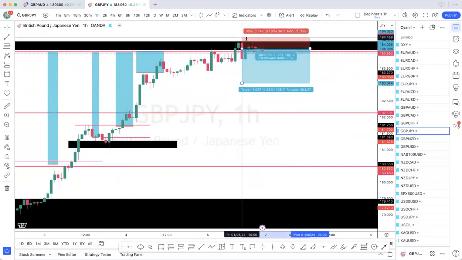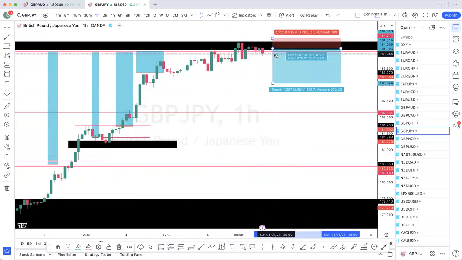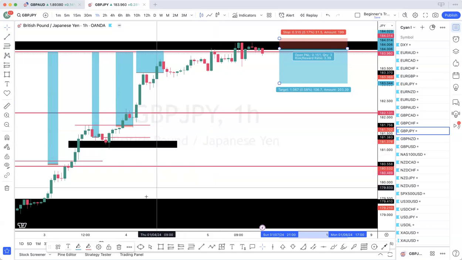Do you definitely need for it to break the low? I thought it did break the low. Well, per the wick, it broke the low. I like to see the closed body, so that's not a break of the low.